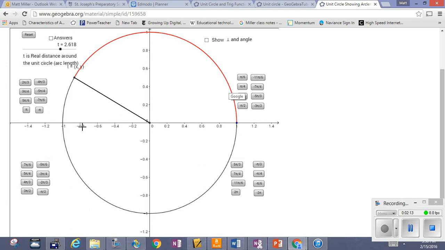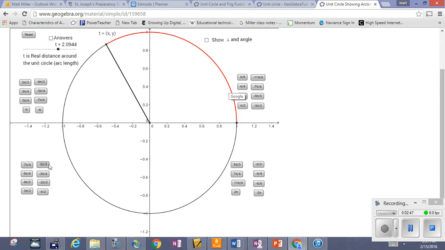If I have a reference angle of pi over 4 in quadrant 2, I have a 3 pi over 4 sweep. The arc length over here, shown in red, is 3 pi over 4, but the reference angle is pi over 4. 2 pi over 3, corresponding to 120 degrees, has a reference angle of 60 degrees, or pi over 3.